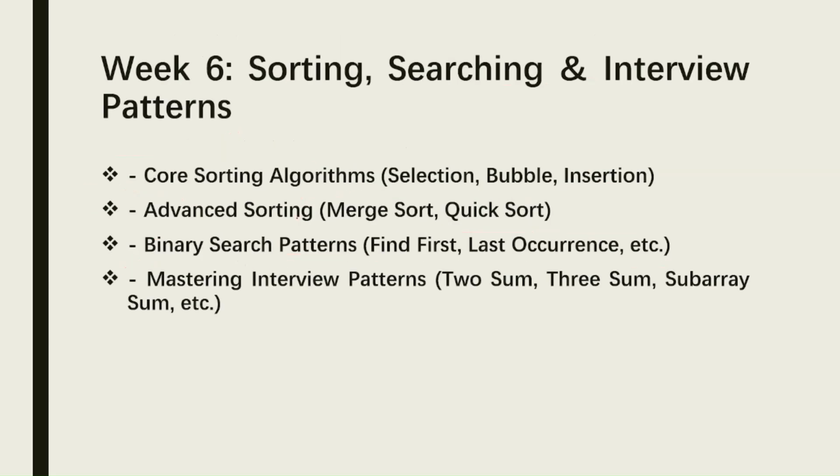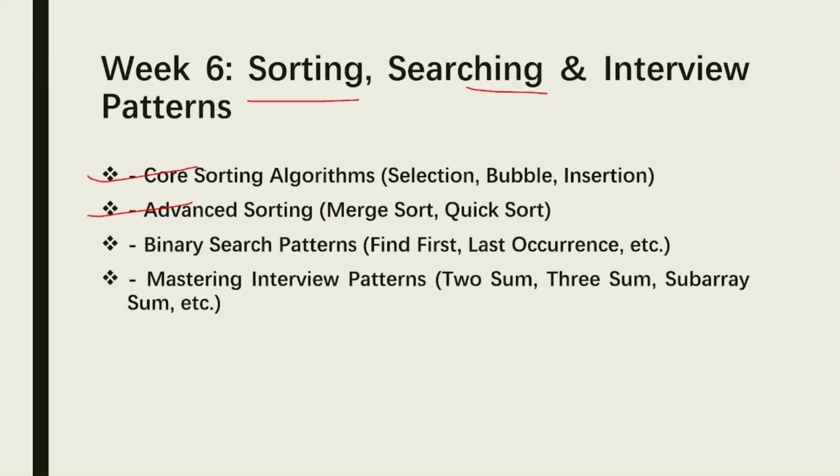And next is week 6 content. This is sorting and searching. Sorting includes selection, bubble, insertion sort, merge sort, quick sort. Merge sort and quick sort are advanced level sorting that use recursion, and can also be handled without recursion.